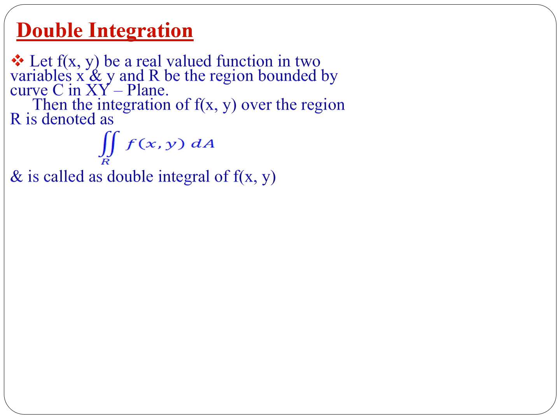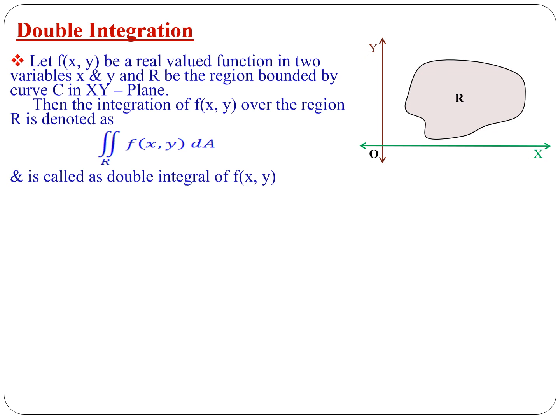Then the integration of f of x y with respect to x and y is called double integration. Suppose this is our closed region R for which we want to find the integration. This R can be any closed curve, it can be given by any type of figure, and for that maybe mathematical equations are given.